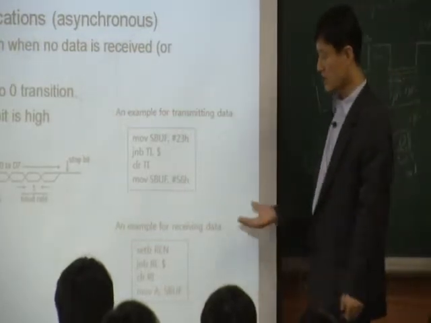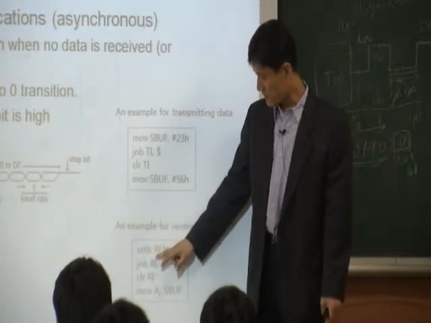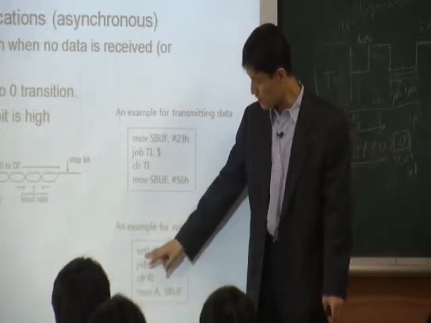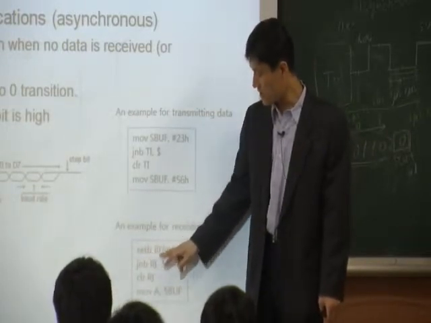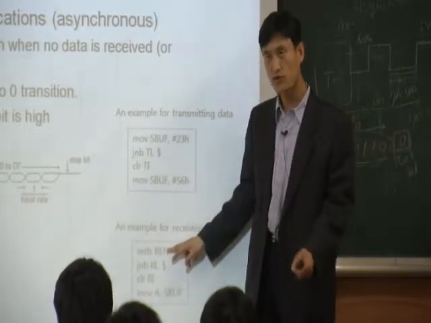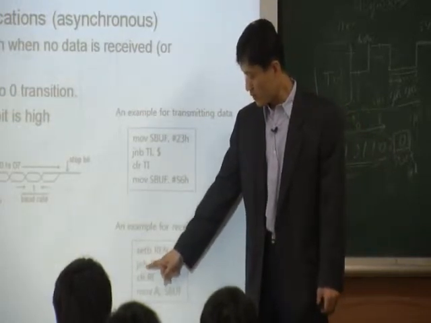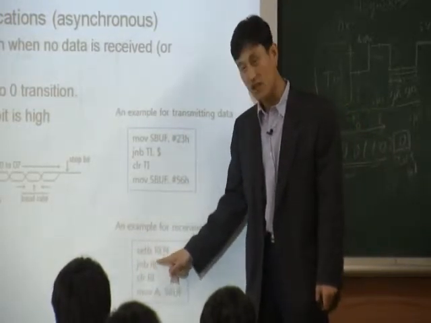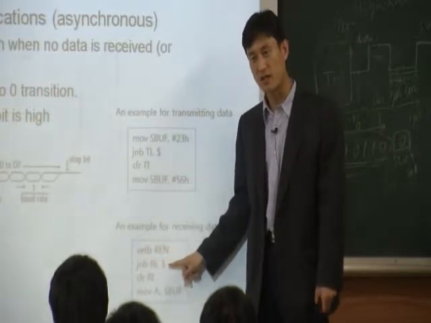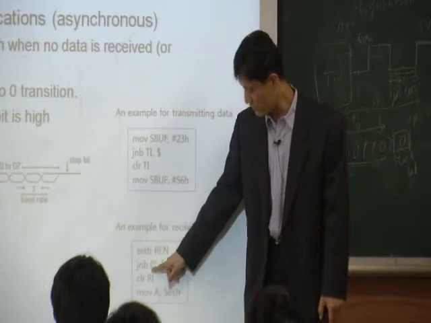Let's look at the receive side. What you need to do is first set the REN bit, receive enable, because you want to receive. You need to enable the receive side. And then you are watching the RI until the RI bit becomes 1. You are basically jumping to its own.